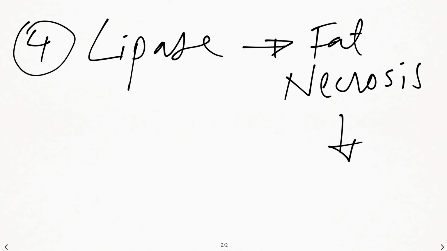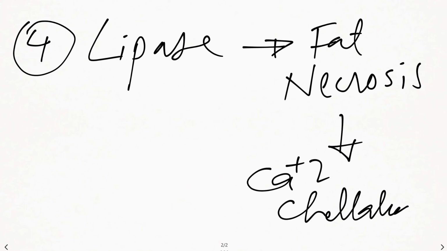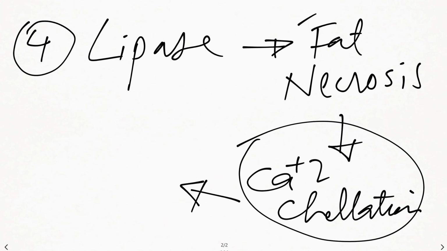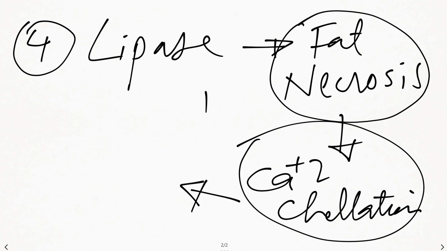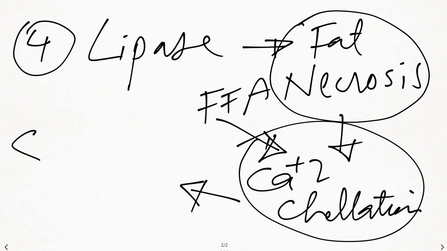There are yellow-white patches of calcium and fat. Fat necrosis occurs and releases free fatty acids, and these free fatty acids react with calcium and cause what is called saponification.